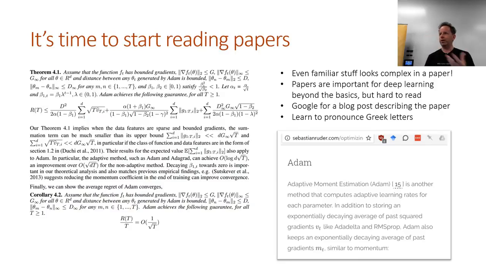Then one abstract theoretical result came out, practically unimportant but theoretically interesting, and suddenly they could start submitting things to journals because they had this theoretical justification. So academic papers are a bit weird, but in the end, it's the way that the research community communicates their findings, and so we need to learn to read them.